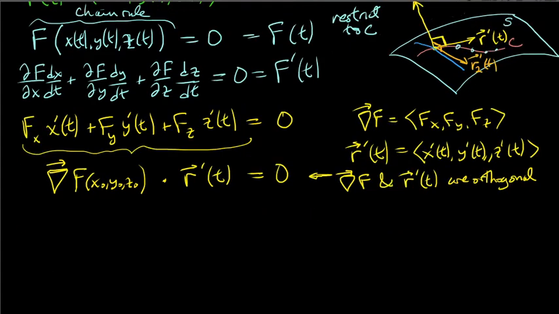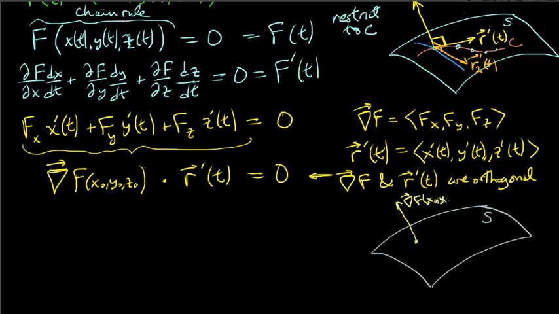So the picture we have down here, let me try to reproduce this. Okay, so here's the surface S. Here's my point P, and here is the gradient of capital F at the point P, so at x0, y0, z0.